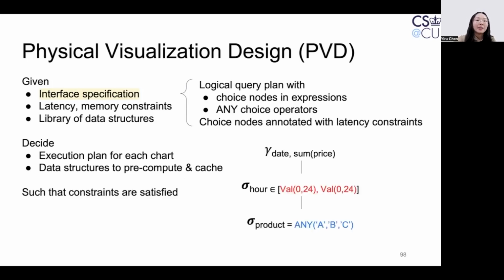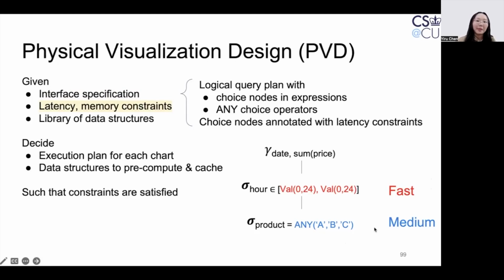For example, the previous interface can be specified as below: the hours between any 0 to 24, and the product equals any of A, B, C. The between node corresponds to the range slider, which requires a very fast latency constraint. And this any node corresponds to the button, which requires median latency. This is how we annotate latency constraints on this plan.